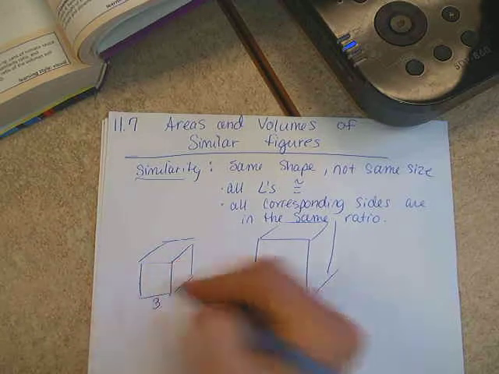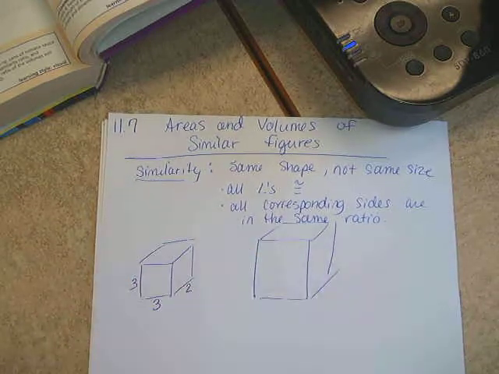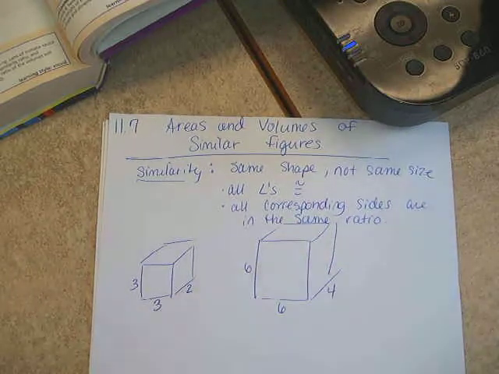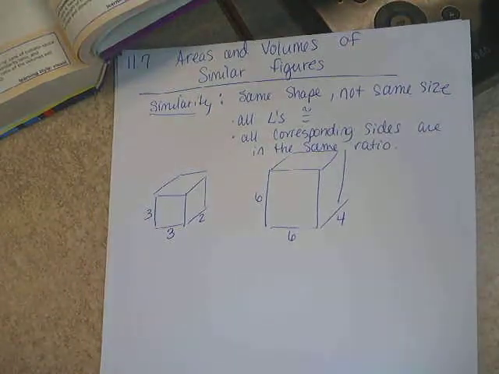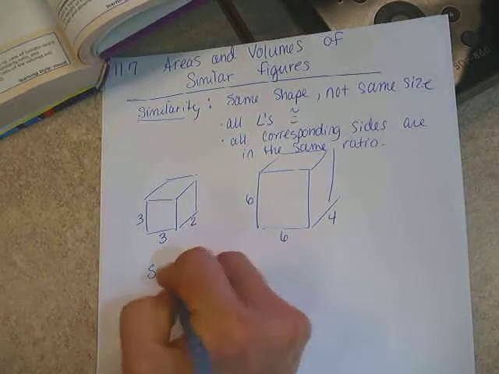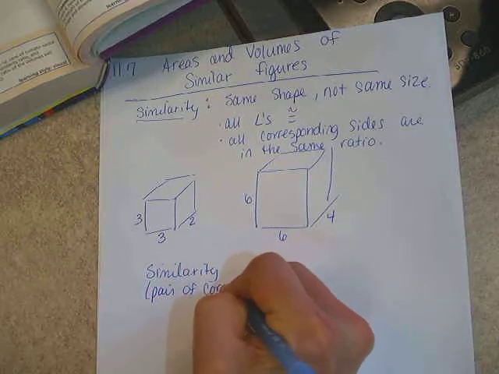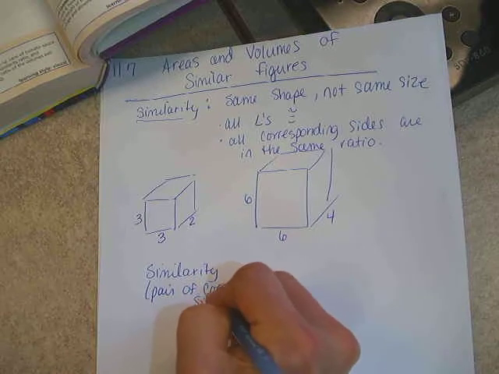So in a cube, say we have, we'll make this not necessarily a cube. We'll call this 3, 3, and 2. So this would be 6, 6, and 4. So in a rectangular prism, if we wanted to talk about a similarity ratio, we use one pair of corresponding sides.